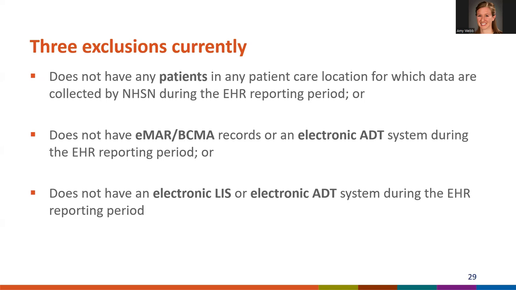The second exclusion is that the facility does not have EMAR or BCMA records or an electronic ADT system during the reporting period. So that applies mainly to the AU data. And then the third exclusion is that the facility does not have an electronic LIS or electronic ADT system during the EHR reporting period. So that refers to the AR data.